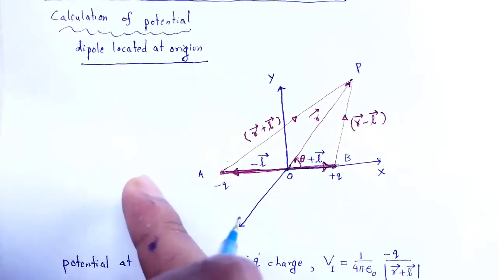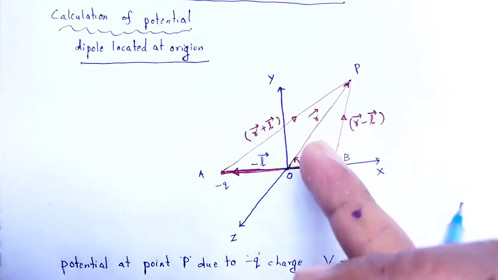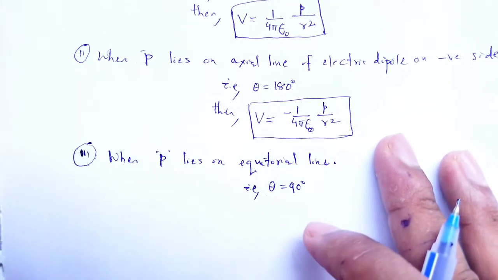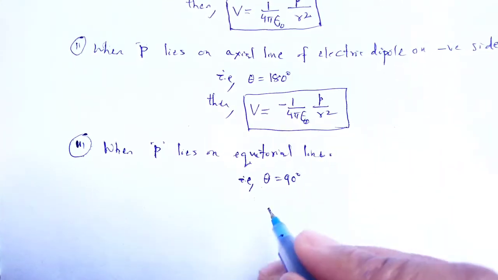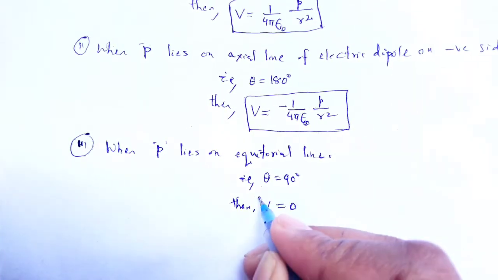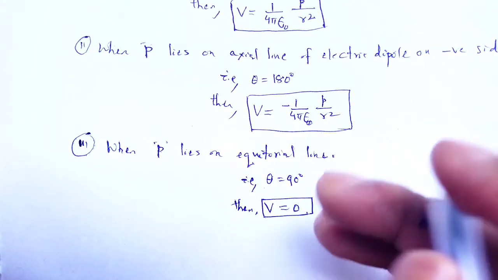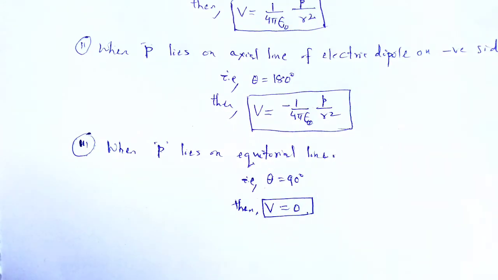When axial negative direction, theta is 180 degrees. But when P lies on the equatorial line, theta will be 90 degrees, so the potential V will be 0. So there will be no potential when the point lies on the equatorial line of the dipole.